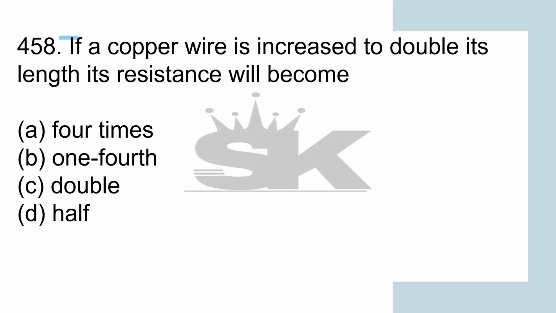If a copper wire is increased to double its length, its resistance will become... So we know the resistance formula, right? R equals rho L by A. Let's consider this R1, and in the second condition, L2 equals 2 times L1, right?